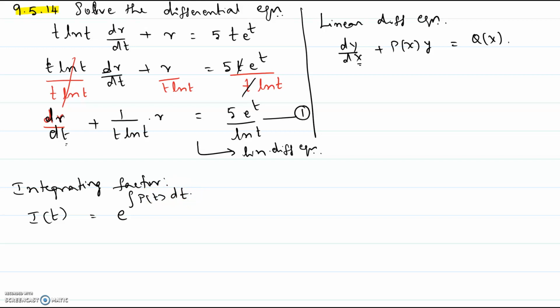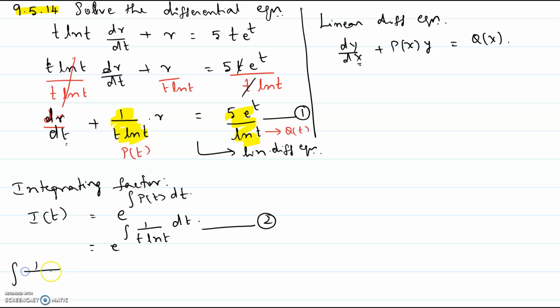We notice here this expression is p of t, and this expression is q of t. So it will be e to the exponent integral of p of t, which is 1 over t ln t dt. We'll solve for the integral of 1 over t ln t, and then we'll get back to this I of t.